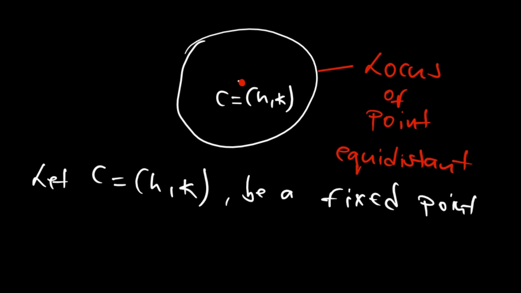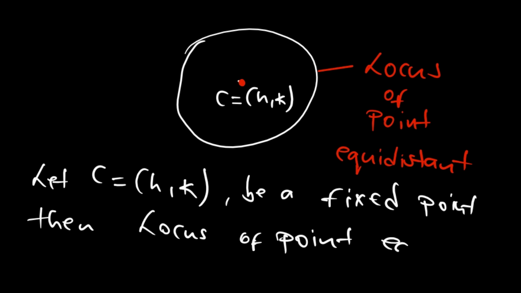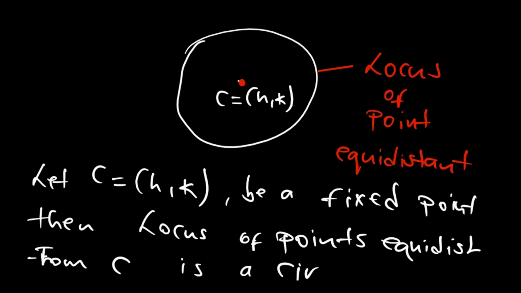You just add the set, the locus of points that are equidistant from the point C is a circle. Okay, I hope you get it. So in other terms, a circle is a locus of points equidistant from a fixed point C.